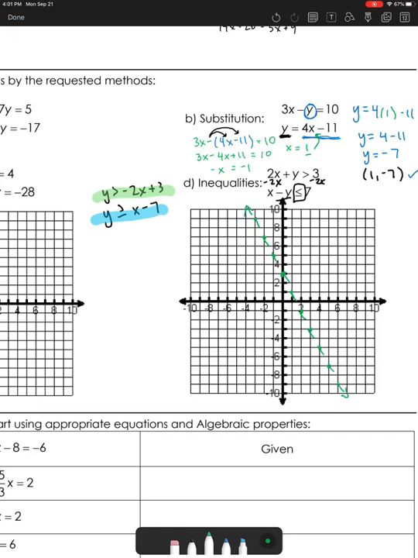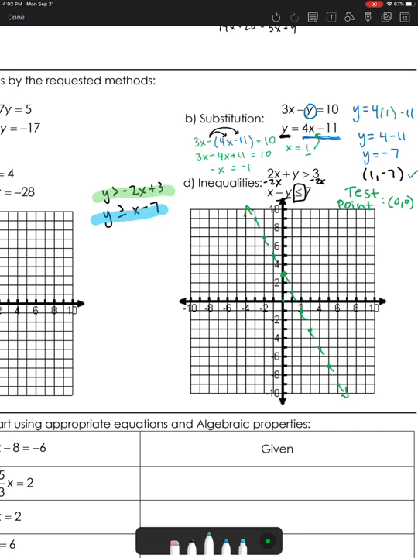Okay, so now that I have my line, I need to find out which side to shade. So we need to find a test point. So I am going to use the test point of 0, 0. In my opinion, that is the easiest point to pick with getting to choose which side to shade. So I'm going to choose this point right here, 0, 0, the origin.